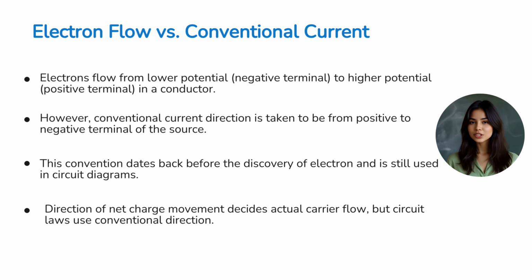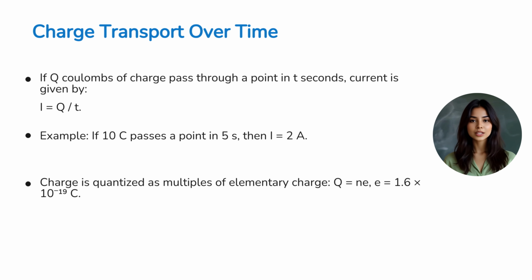So while the real charge carriers, electrons, move one way, circuit laws and symbols use the conventional direction to keep things consistent. It's like how we drive on the left or right side of the road, just a rule everyone follows. Remember, this direction tells us the net movement of positive charge, which is why it's still very useful in understanding circuits.